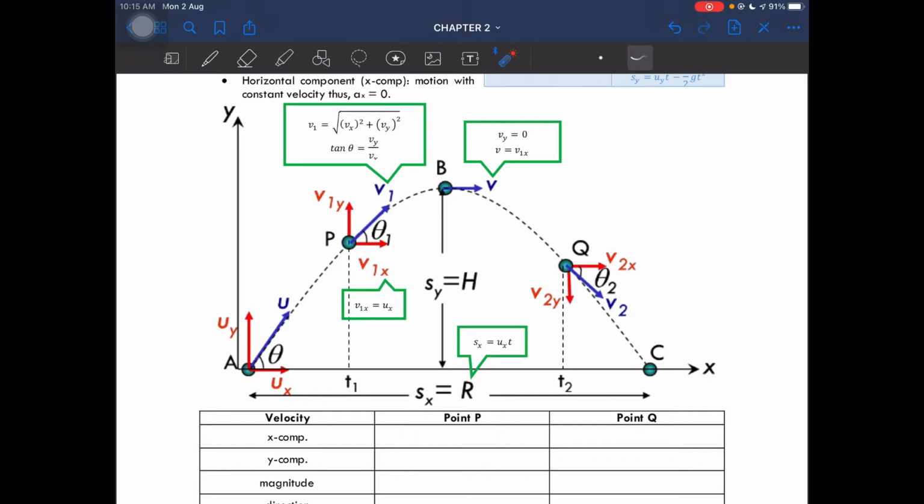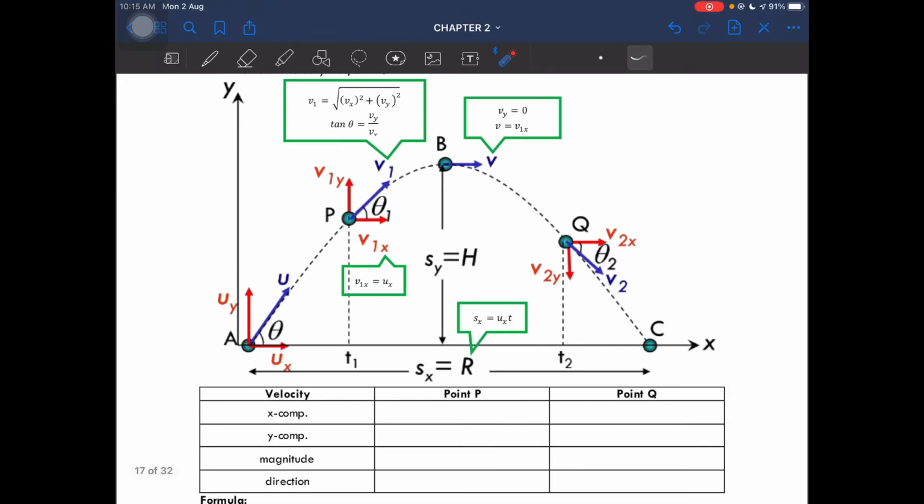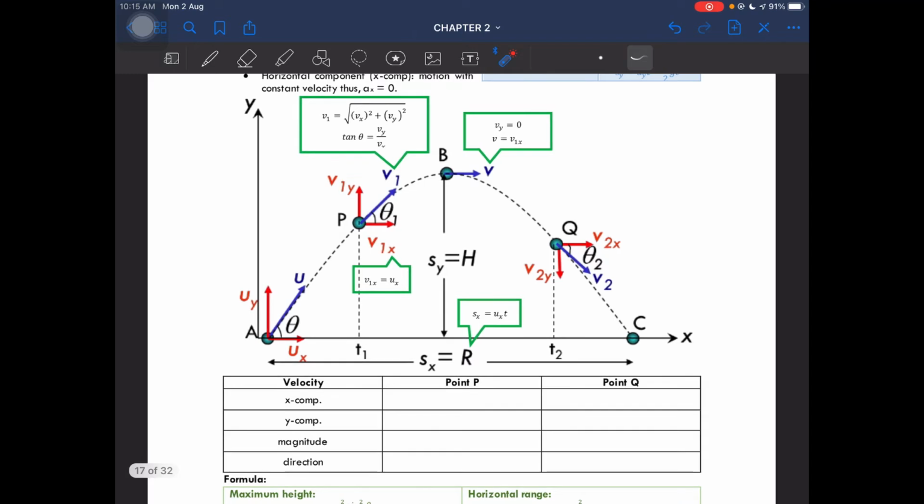Now let's look at this diagram. This is a projectile motion. This ball is being projected at an angle theta, and we are going to be looking at point P and point Q. At point P, the x component v1x will be equal to ux. Why would it be equal to ux?